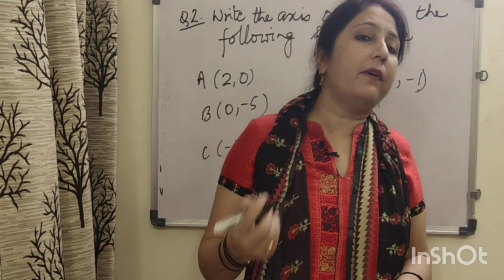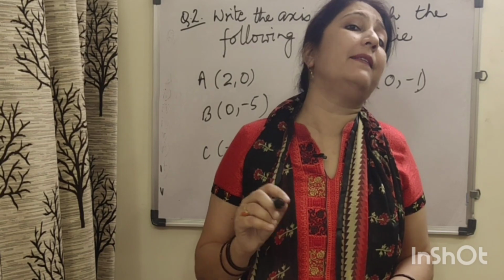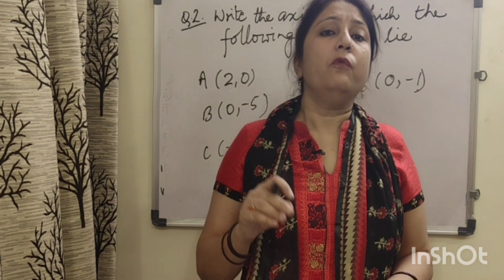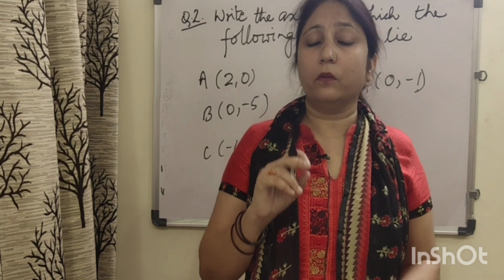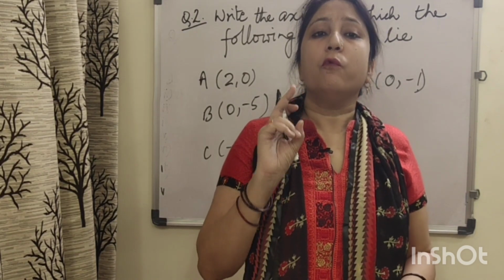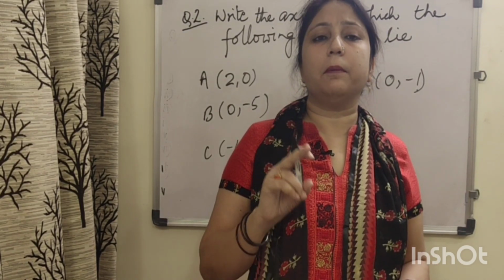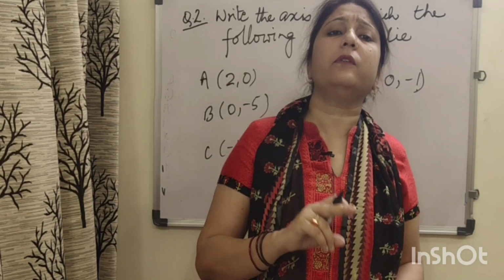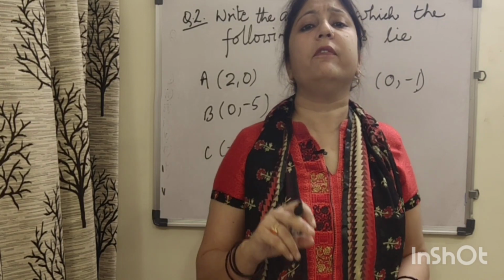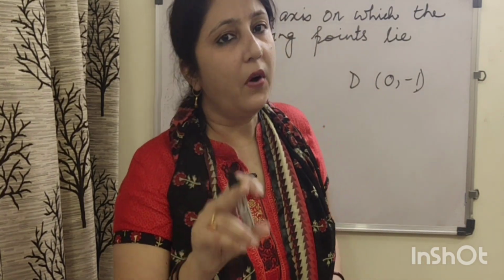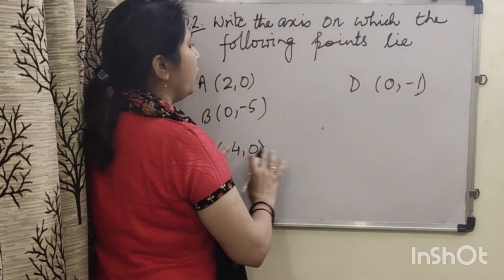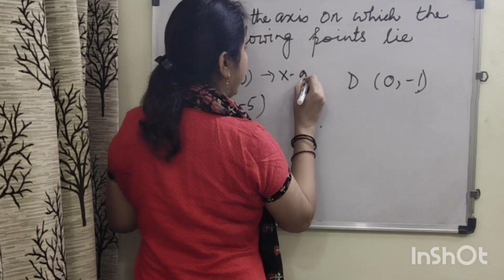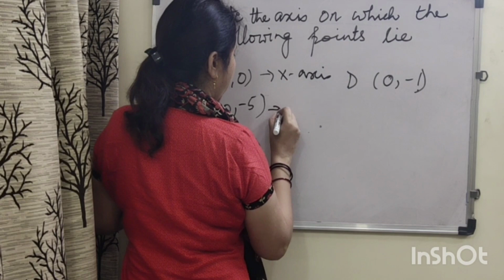We find y 0 on the x-axis and x 0 we get on the y-axis. Always remember, if the y coordinate is 0, then the point will lie on the x-axis, and if the x coordinate is 0, then the point will lie on the y-axis.